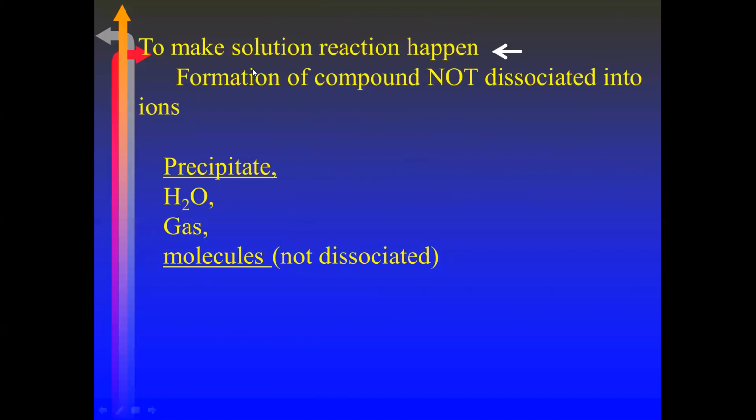In order for the reaction to happen, there must be some compound formed, and that compound must not dissociate into ions. What does it mean? That means the product compound either should be precipitated, like what we learned, an insoluble compound, or should form some water, or should form some kind of gas, or you form molecules that are not dissociated into ions.